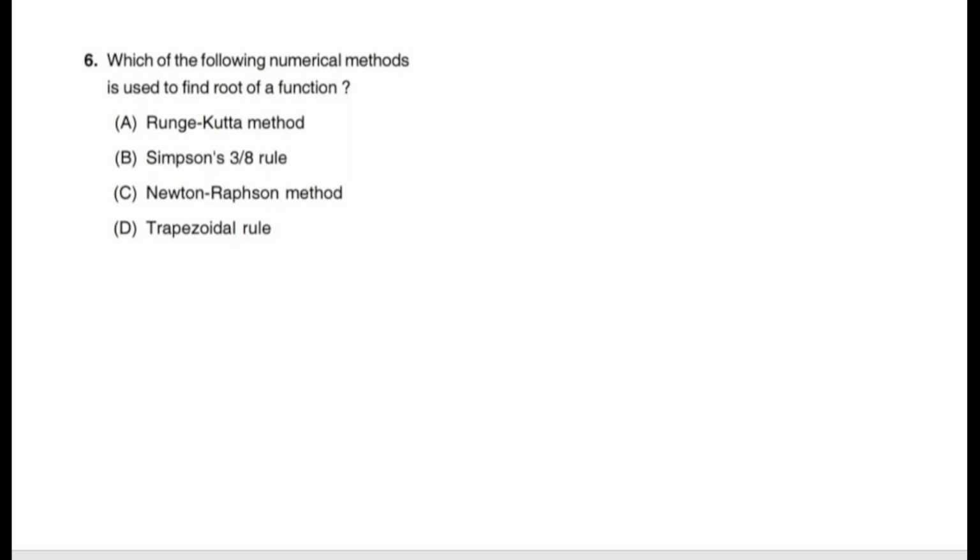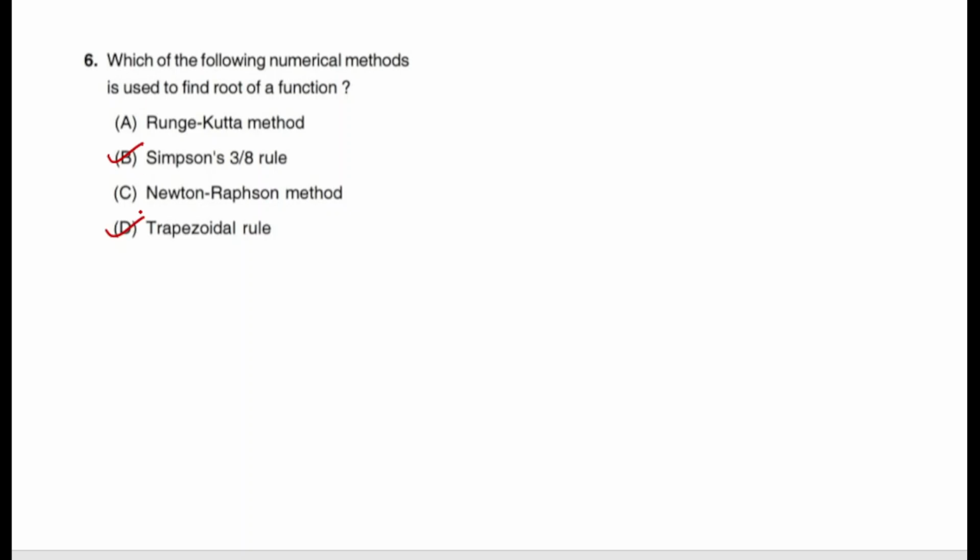Which of the following numerical techniques is used to find the root of the equation? This is an easy question only. They have given in the options Runge-Kutta method, Simpson's 3 by 8 rule, trapezoidal rule, and Newton-Raphson method.